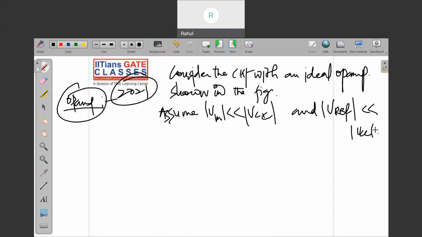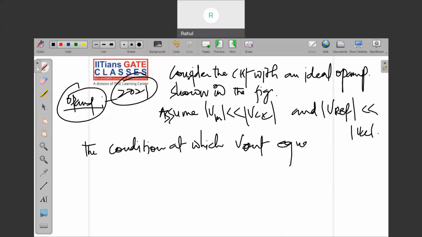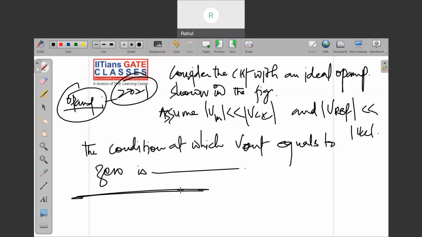It is obvious, right? The condition at which they have asked the question is the condition at which V out equals 0.